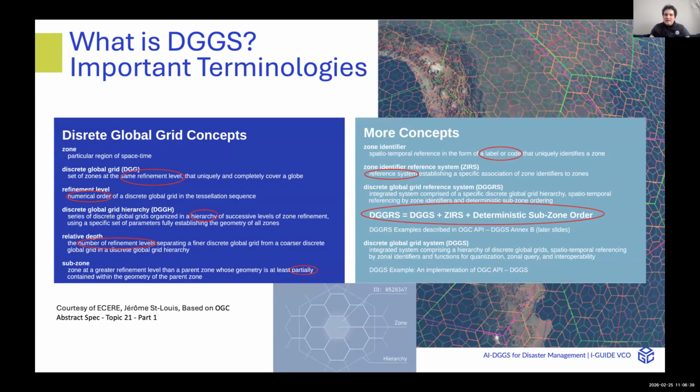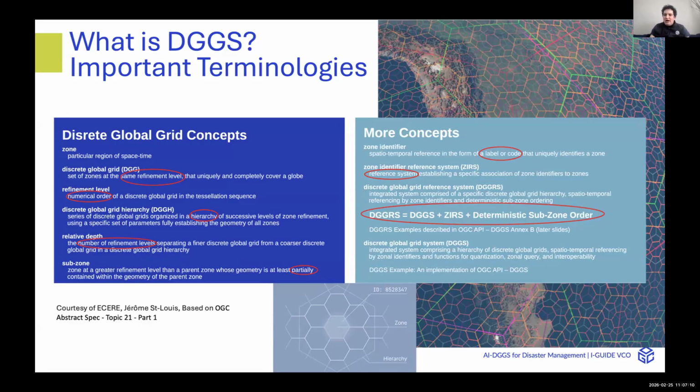So the big topic that should be the focus is DGGRS, not really a DGGS. DGGRS, with R standing for reference, means that it is a DGGS that has the ZIRS, the zone identifier reference system, and it has a deterministic subzone order. It means that you can identify the subzones, exactly know where they stand and how much of them are inside. So these things have to be mathematically well known.